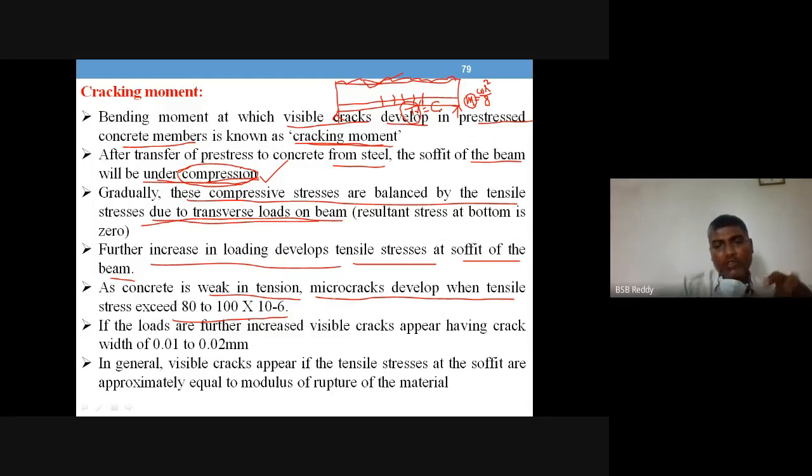Micro cracks, in the sense you can't see them. Concrete cannot take even a very small tensile stress, so it develops micro cracks, which will be seen only under a microscope, right?